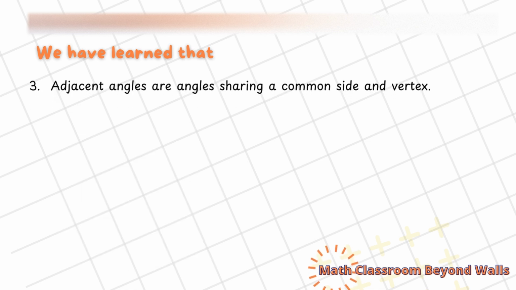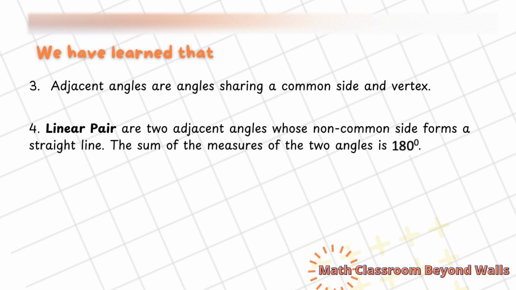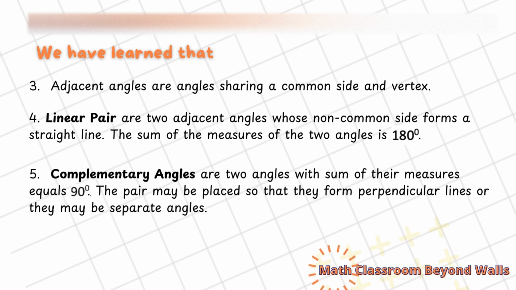Third, adjacent angles are angles sharing a common side and vertex. Fourth, linear pair are two adjacent angles whose non-common side forms a straight line. The sum of the measures of the two angles is 180 degrees. Fifth, complementary angles are two angles with sum of their measures equals 90 degrees.